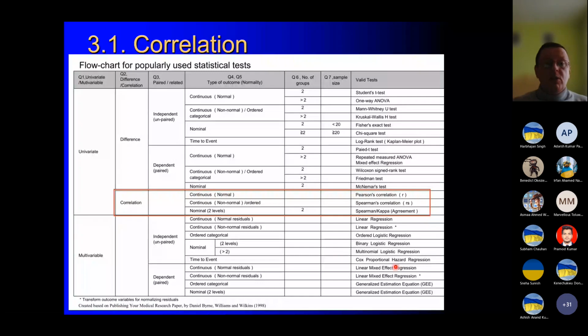In general, if you look at the following flowchart of statistical tests, which is widely used in various areas, here is given the place of correlation, which is dependent, and we have a few methods for estimating correlation relationships depending on the number of variables and data types.